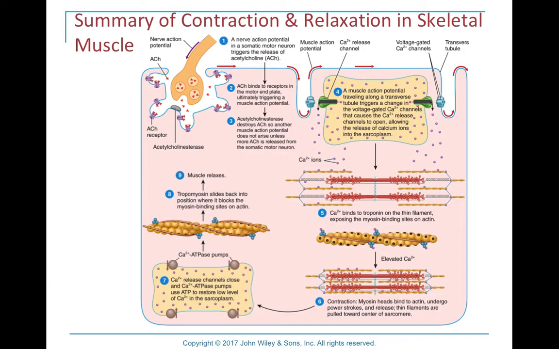So here we have a summary of what's going on in our muscle fibers. Now, we also need to make sure that we talk about the depolarizing phase, repolarizing phase, and the after hyperpolarizing phase.